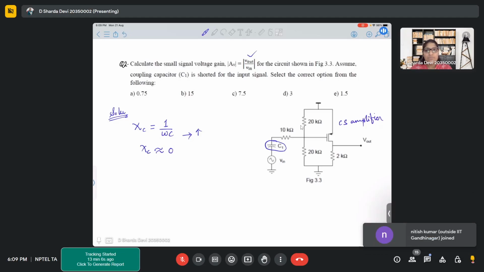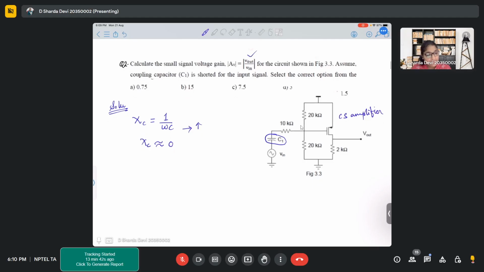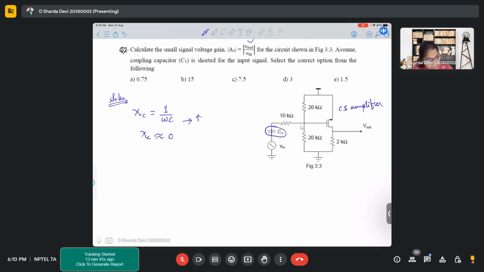Most of the time the question mentions that your signal has a certain frequency that makes your capacitor a short circuit, and generally in AC analysis the capacitor is considered short. But for practical applications, you cannot always consider your capacitor a short circuit, so your frequency should be such that your capacitor is a short circuit.